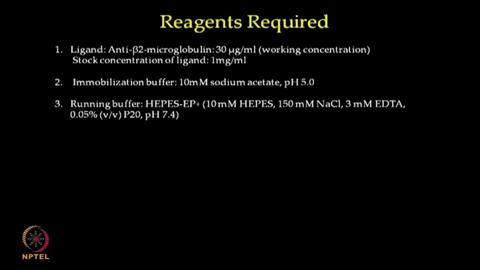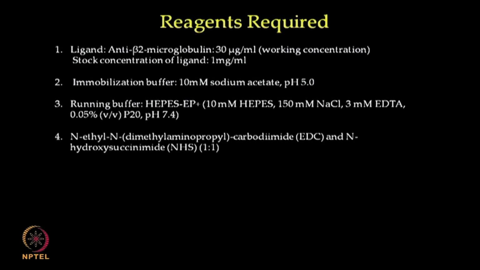We prepared HBS-EP Plus as the running buffer, which was connected to the system followed by priming. EDC and NHS were prepared to be used in 1:1 ratio for surface activation. 1 molar ethanolamine HCl pH 8.5 was prepared for blocking the free ester groups on the surface. Lastly, 50 millimolar NaOH was prepared, which will be used to remove the electrostatically bound ligand.